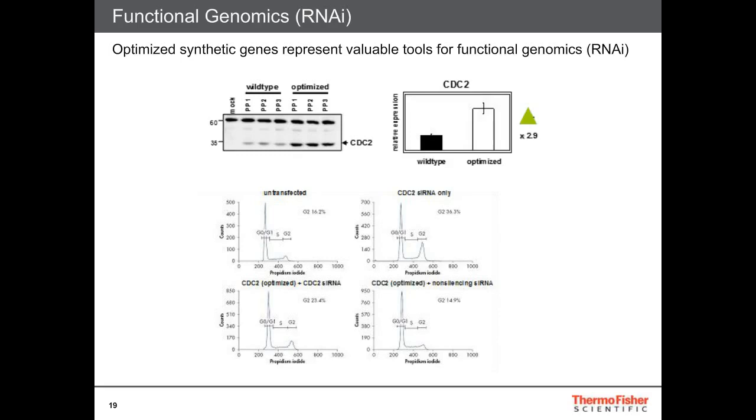And now with optimized genes carrying silent mutations, you have the free choice to design your siRNA and to design those functional genomics experiments. And such an experiment is displayed here on this slide.